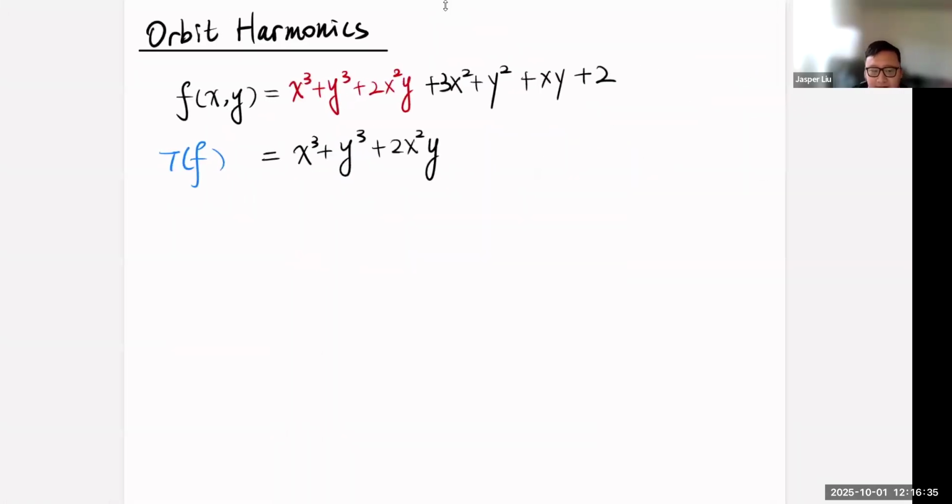Okay, and we will need to define this operator tau that is given a polynomial in the polynomial ring. Tau of f just takes the top degree homogeneous part of f. So here the top degree homogeneous part has degree 3. Tau of f just basically truncates this part.